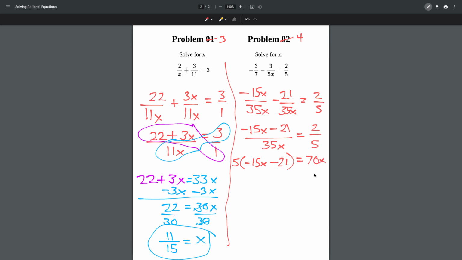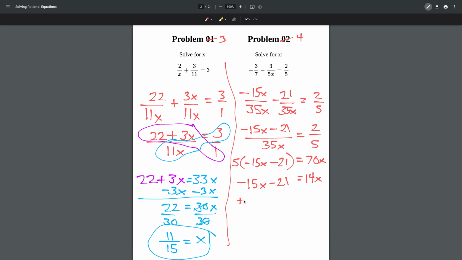Okay, and I can divide the 5 out here. So 70 divided by 5 is going to be 14. So if I divide everything by 5, I get 14x on this side. And I get negative 15x minus 21 on this side.